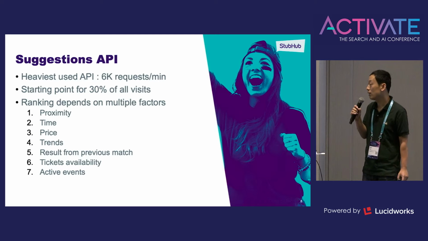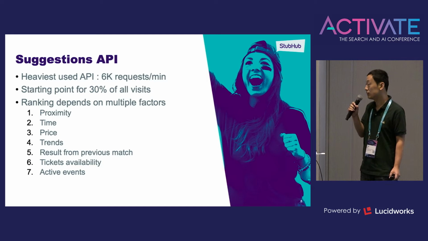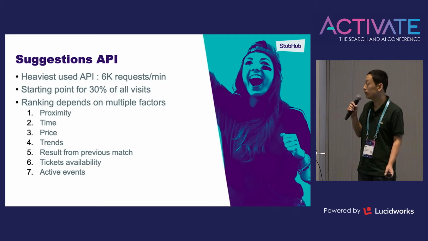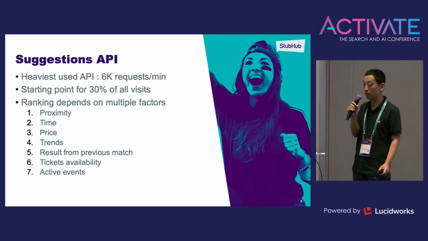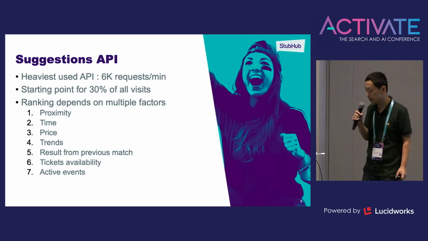The result from previous match means there are lots of hits or results matching this keyword, and we also take that as a variable. And active events means that when you find a performer with maybe 100 events available, it will definitely rank higher than a performer with only two events available.